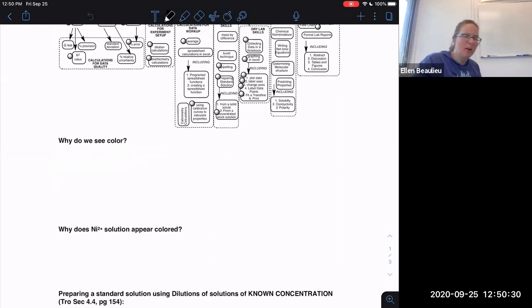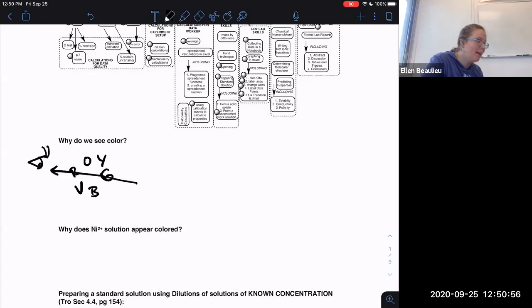I just wanted to start with a little brief information about why we see color. Here's our color wheel, ROYGBIV. So if you look at a sample and it appears red, really what's happening is that the sample itself is absorbing green light.